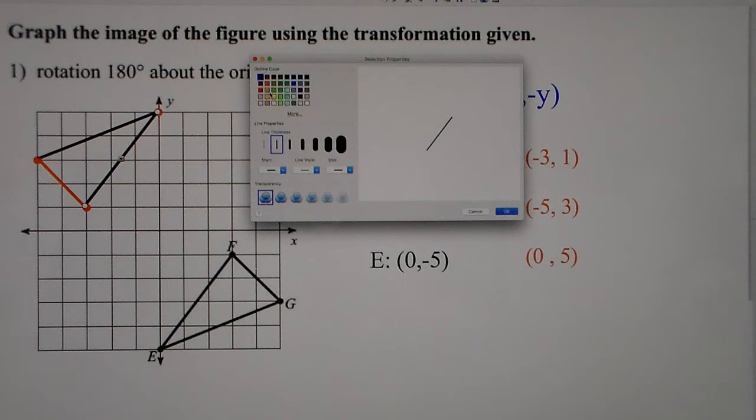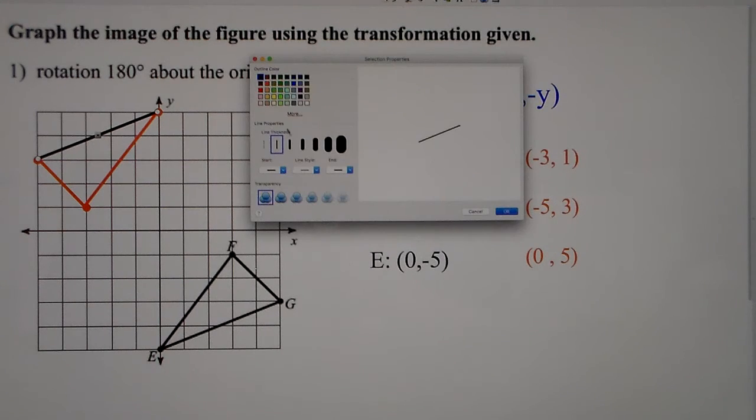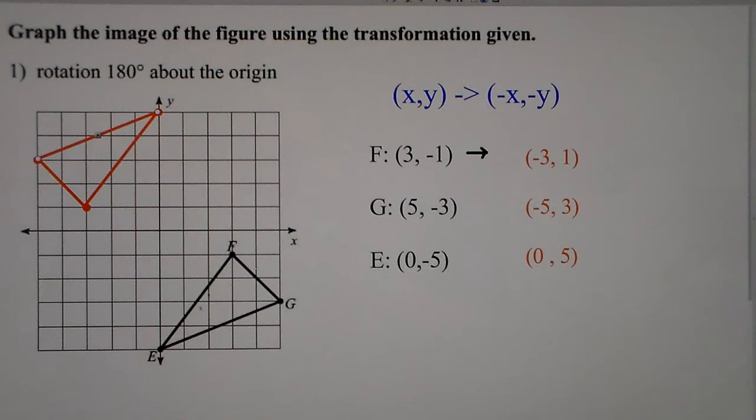I'm going to highlight it in orange for you. We successfully rotated triangle FEG 180 degrees, and that makes that nice little orange triangle. That's the answer to problem number 1. Next we'll move on to problem number 2.